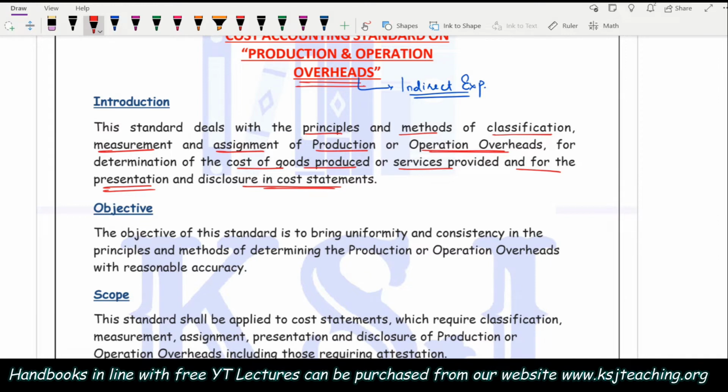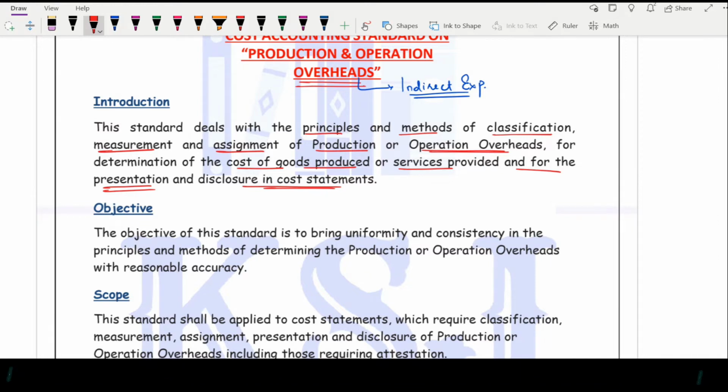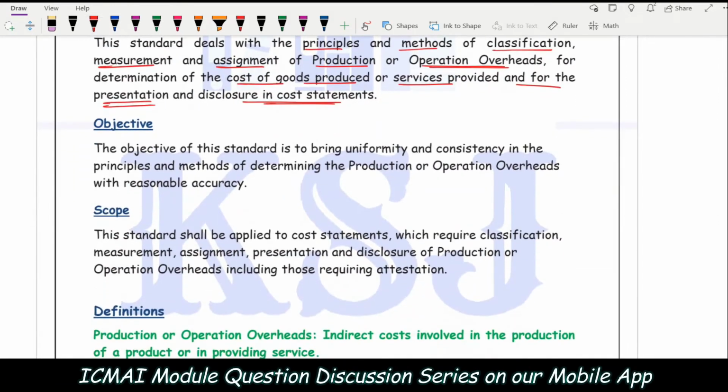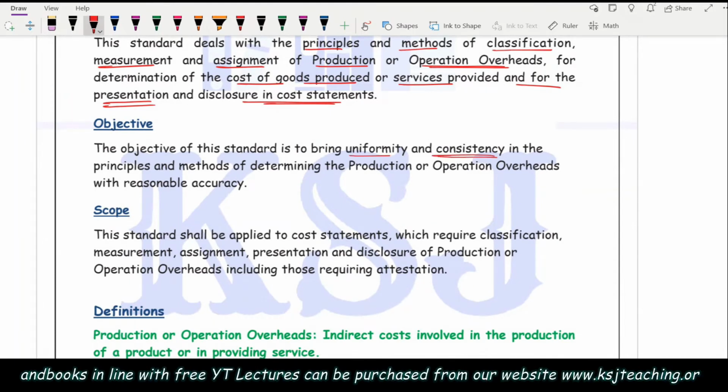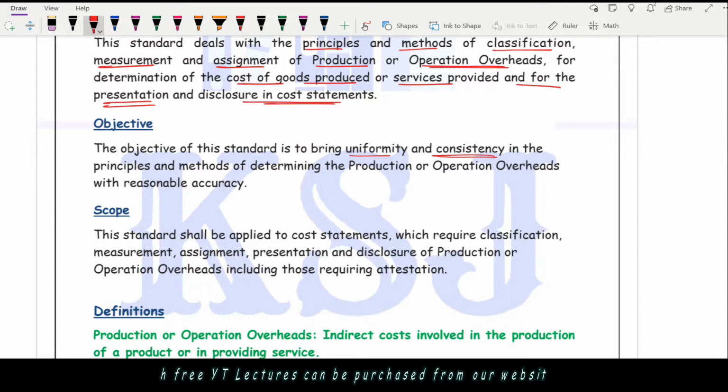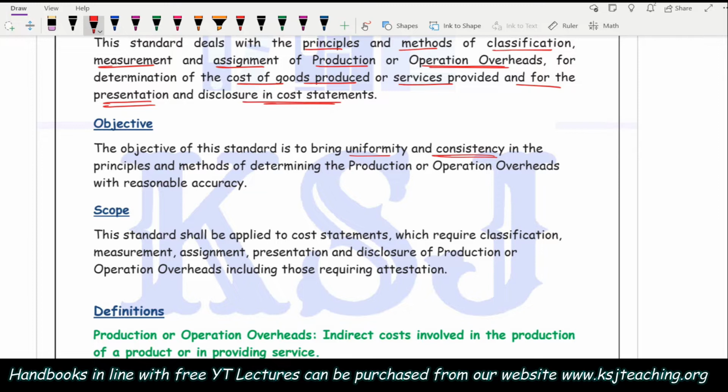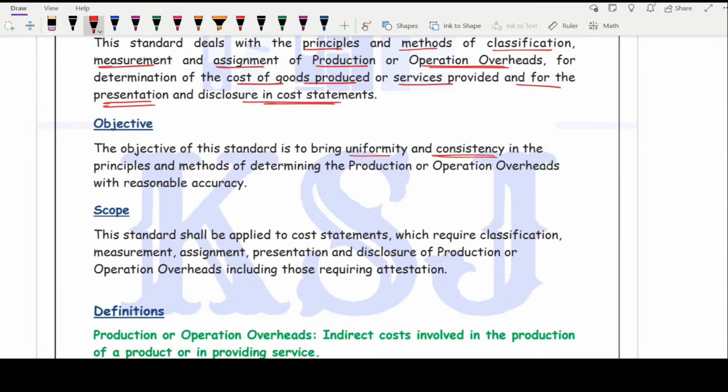So the objective of this standard is to bring uniformity and consistency in the principles and methods of determining the production overheads. Uniformity and consistency, I can say the basic aim of cost accounting standards is to bring uniformity and consistency in the application of various principles, isn't it? Scope.